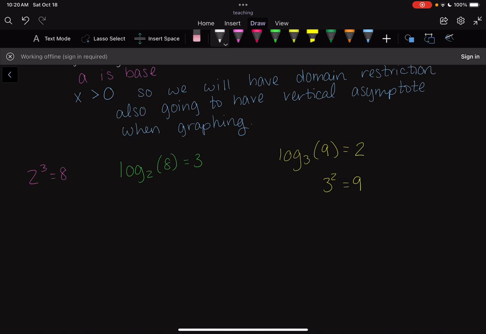Now we do have something called the common log. This is just some notation. If you ever see something that says f of x equals log and it doesn't have a base written there, that base is understood as 10. So this is equal to log base 10 of x.